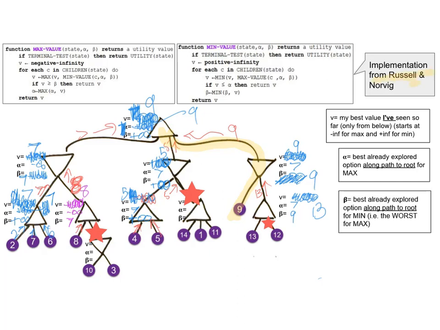And this implementation is from Russell and Norvig. It's from sort of a classic textbook in AI, which is a really fantastic textbook that you might want to take a look at. But it's quite an expensive textbook, so we're not using that in our class this semester.